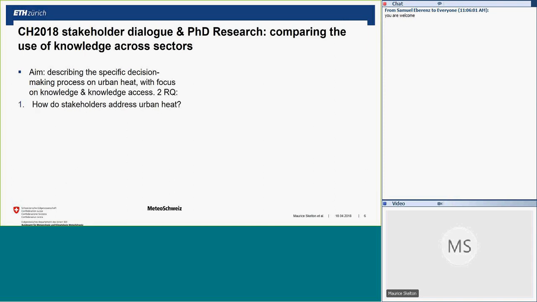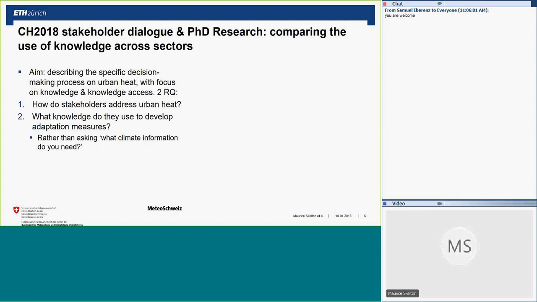So the two main research questions: how do stakeholders address urban heat, which has a lot to do with the framing, so where is the problem, what's the solution they think, and do these correspond over the various sectors. And the second point is, what knowledge do they use to develop adaptation measures? So it's a sociological characterization of the situation.